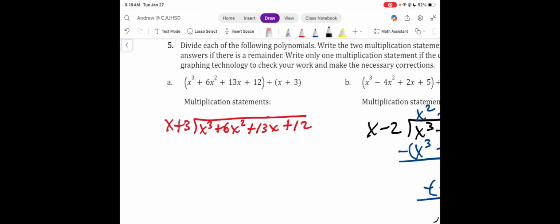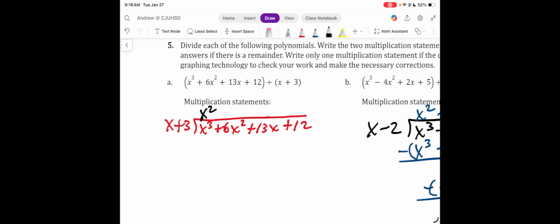Number 5, part A. So we're dividing x plus 3 into x cubed plus 6x squared plus 13x plus 12. We start by dividing x to the third by x. In other words, what do you multiply x by to get x to the third? And that's x squared.